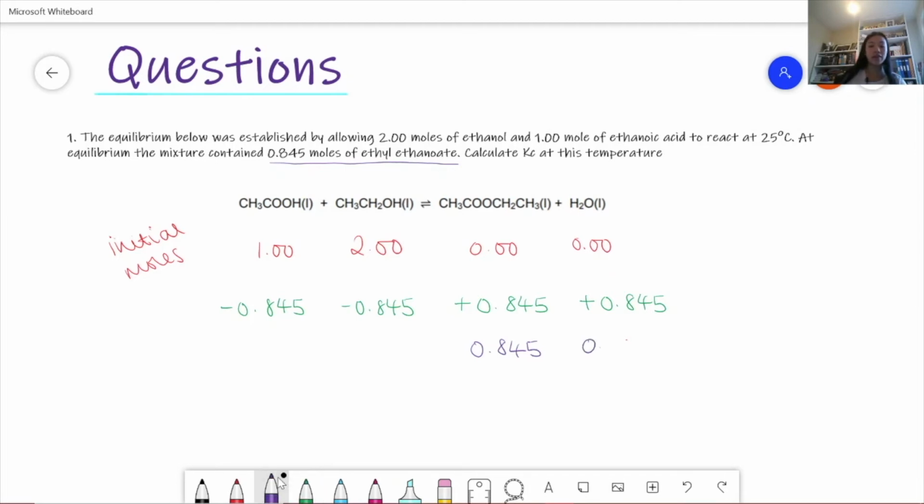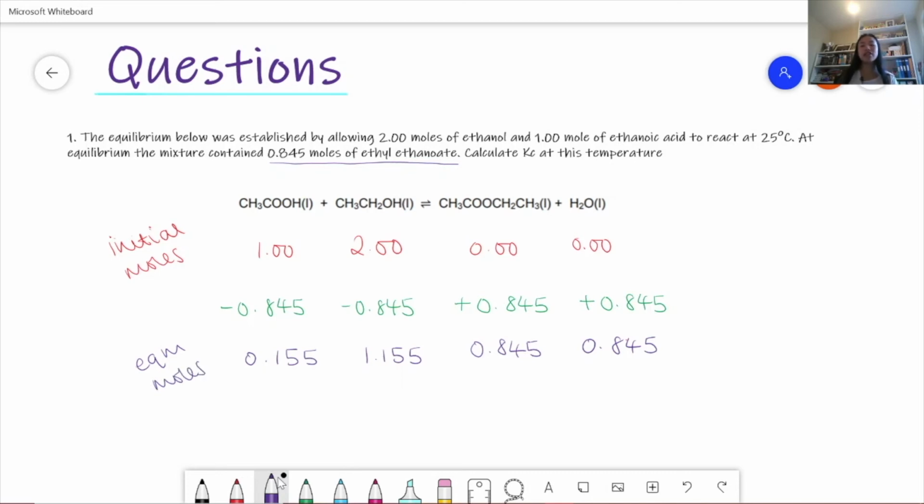And so we have 0.845 moles of this water. We have 0.155 moles of this ethanoic acid, and we have 1.155 moles of the ethanol. And so these are our equilibrium moles.